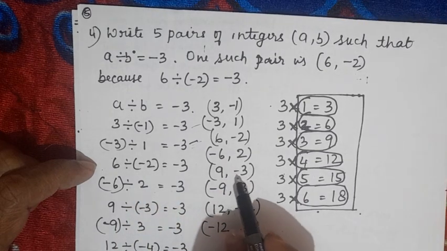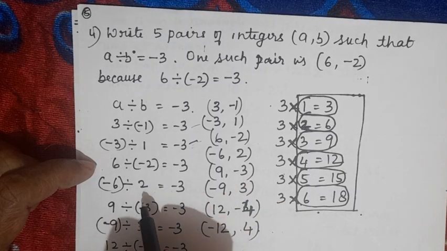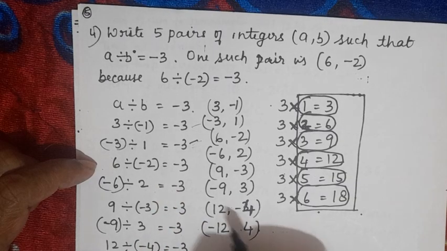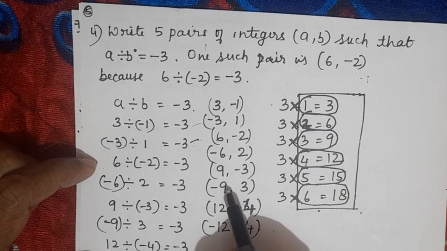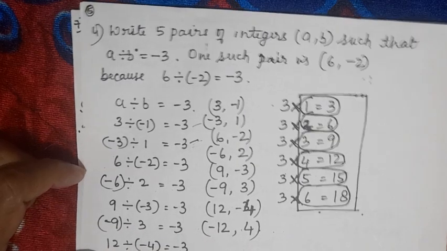Now 9 divided by minus 3 is equal to minus 3. The same way, you can take 9 as negative and 3 as positive: minus 9 divided by 3 is equal to minus 3.